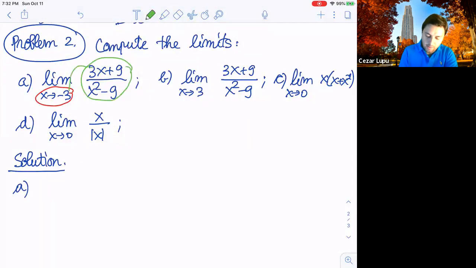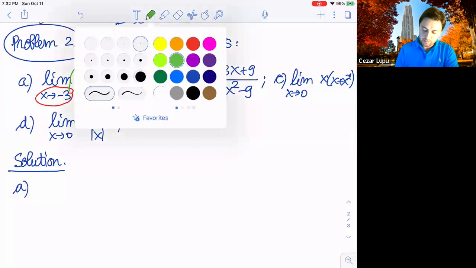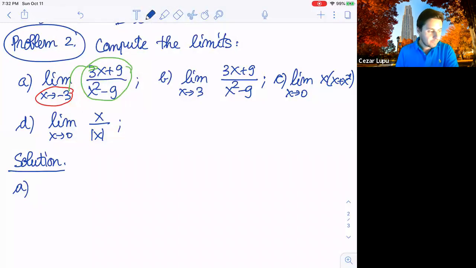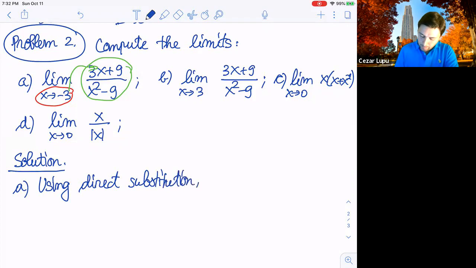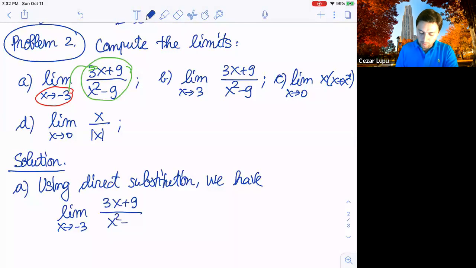So you plug it in here. This is what we call direct substitution. So let's do it. Using direct substitution, we have the limit as x approaches -3 of 3x plus 9, everything over x squared minus 9.